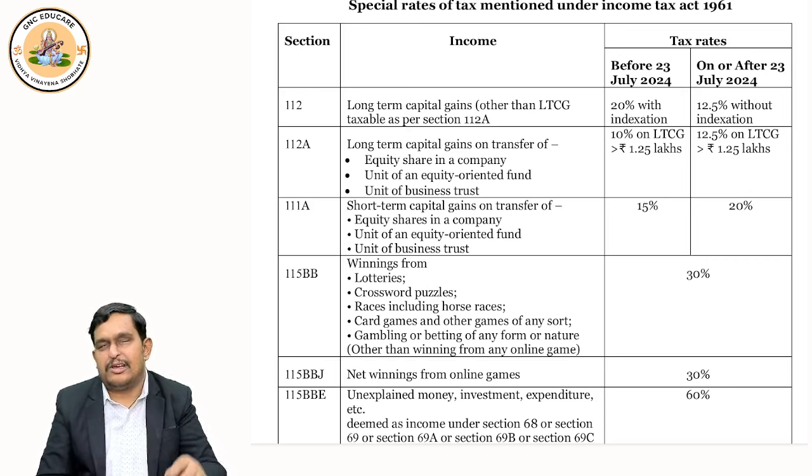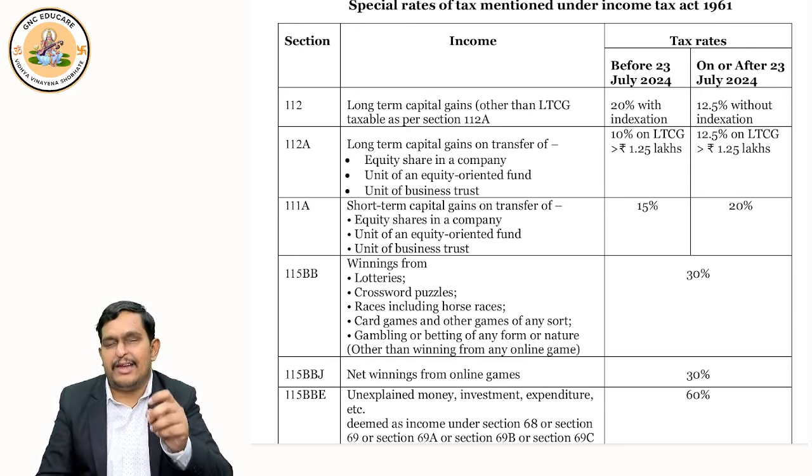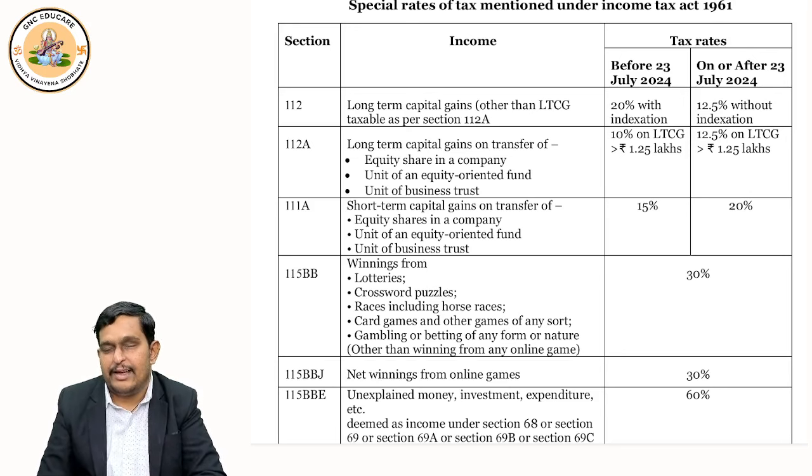When I am talking about resident citizens, senior citizens, super senior citizens, individuals, rebate, surcharge, right? I'm talking about the rates of tax for firm, company, right? All are there from that Finance Act 2024. Okay, but there are some rates which are given in the Income Tax Act itself.